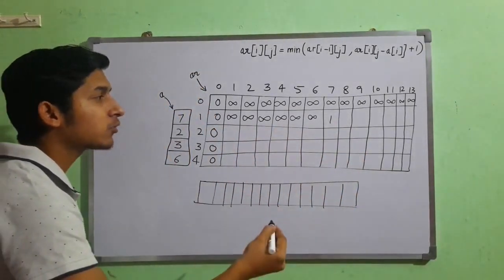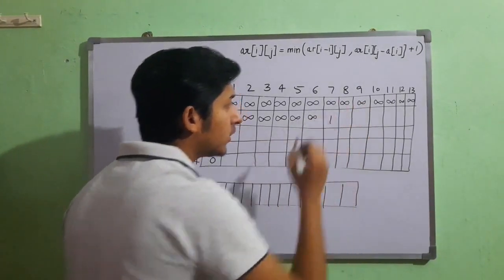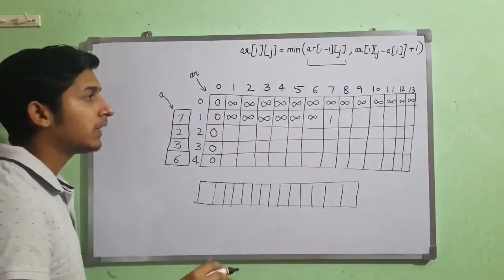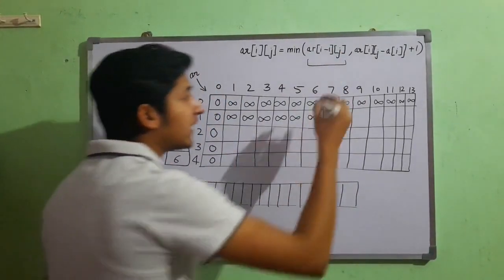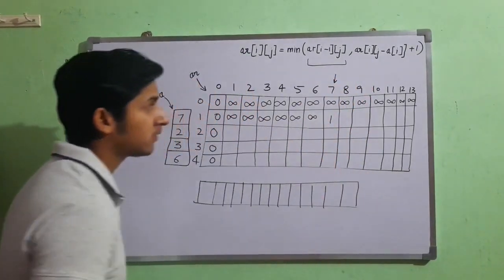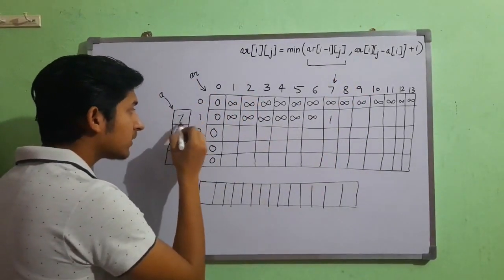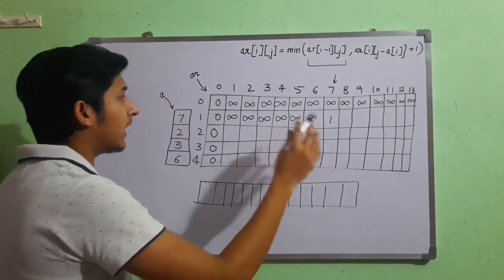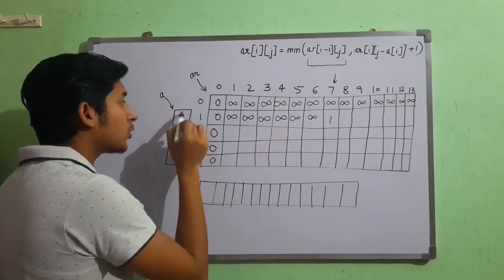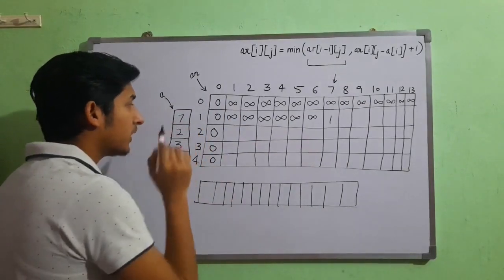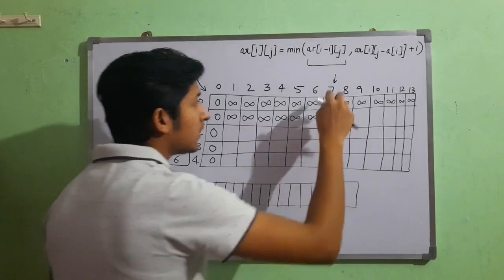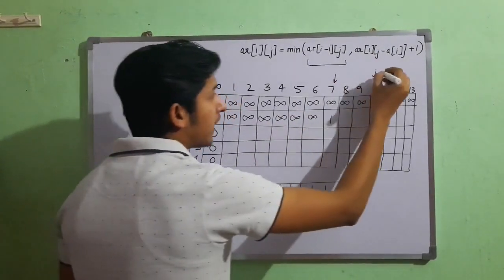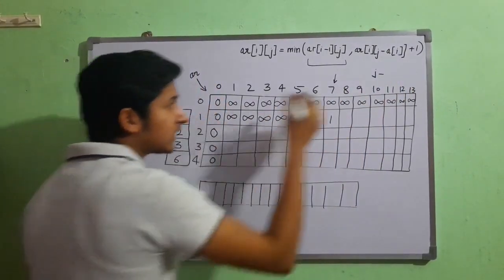Either we will be using this coin or we won't. If we don't use this coin, then we'll copy the above value only. Or if I use this coin, then to get this total, I'll reduce the value of this coin, because from this total I have found this total by this coin, and now I am left with j minus value at this.